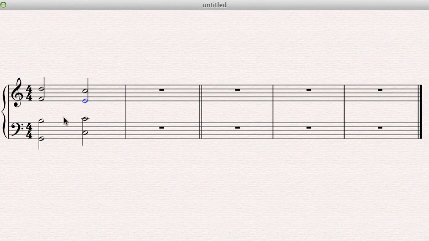We also know that if we want a richer sound, we want to have all three notes. And this is in an inner voice, so we can do this. And this is the richest sounding version. But I'll leave it like this for right now.